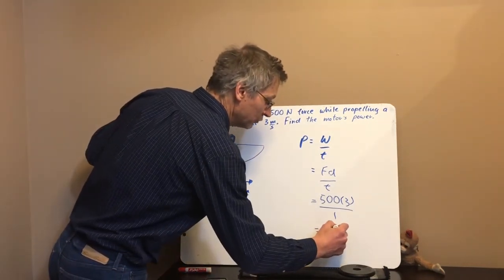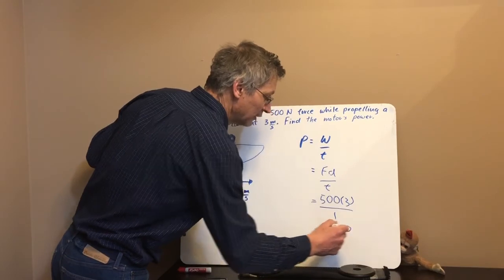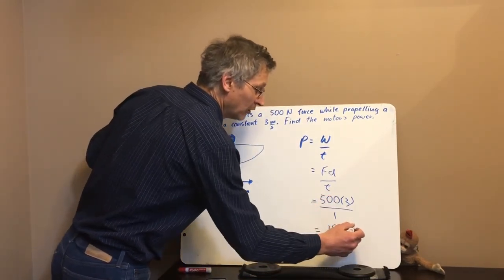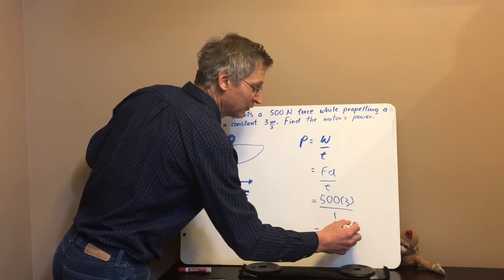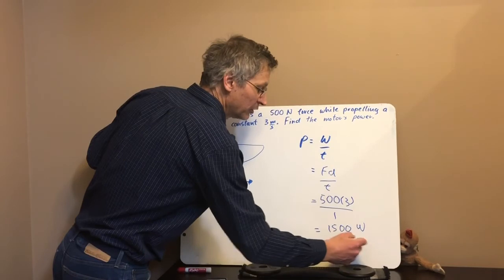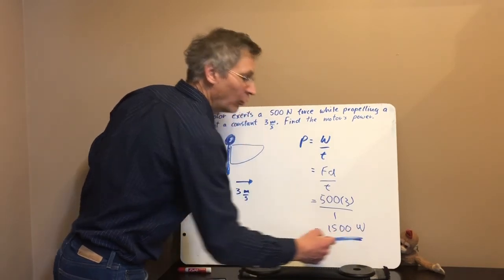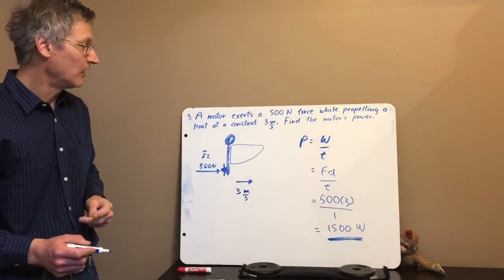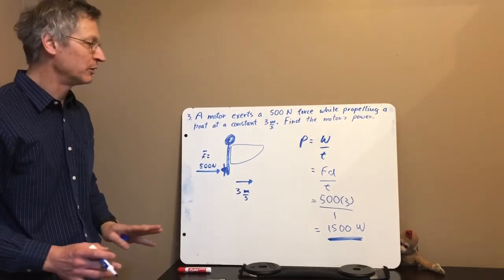It comes out to 1,500 newton meters per second, or if you like, 1,500 joules per second, or how about 1,500 watts. Done. And you might notice you don't really need any extra formulas to do this.